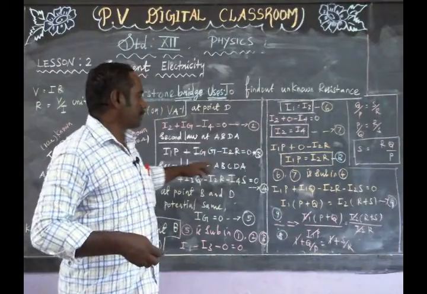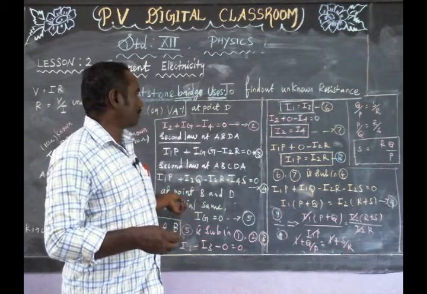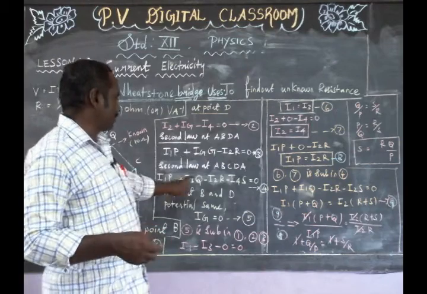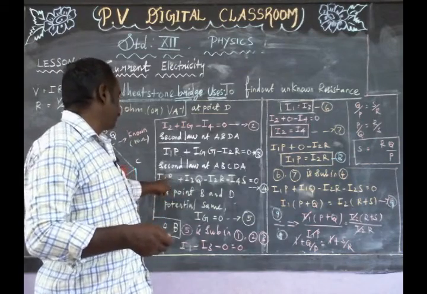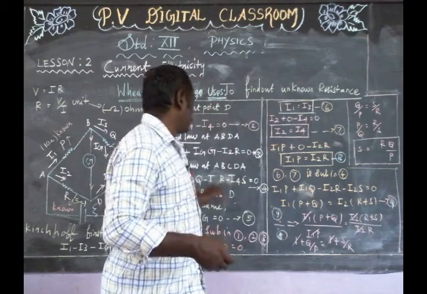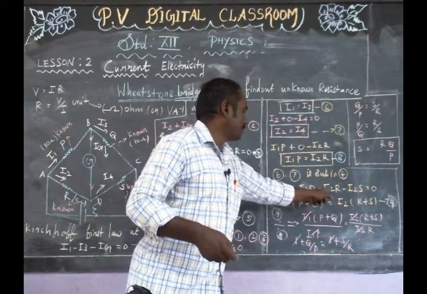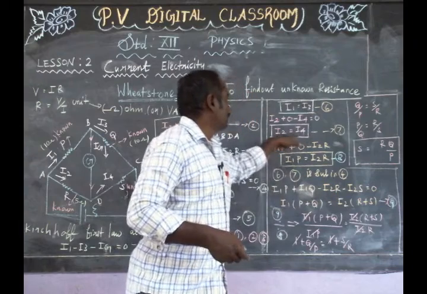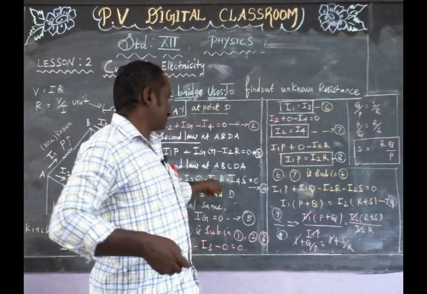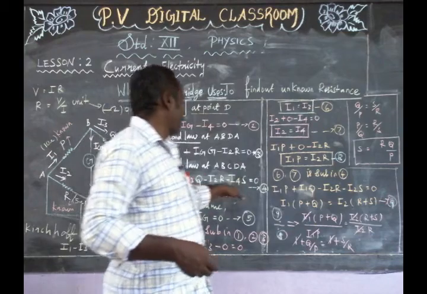And 7 is substituted in equation 4. This is equation 4. I1 P, I3 is equal to I1. So I1 P plus I1 Q minus I2 R. I2 is equal to I4. The 7th equation is substituted in equation 4.